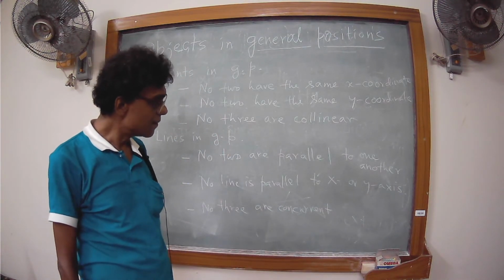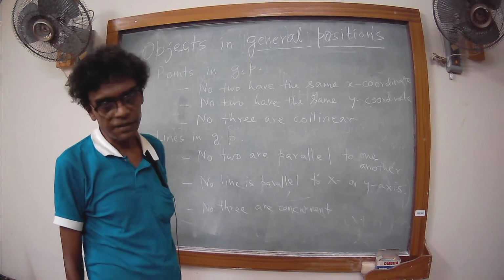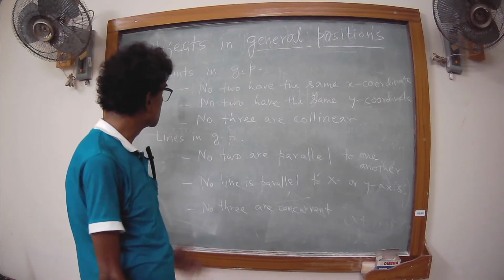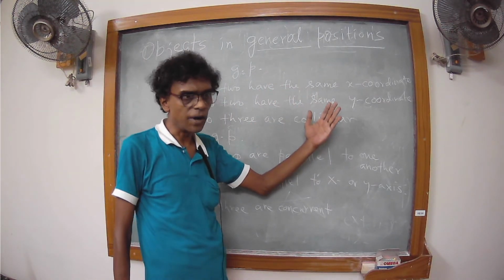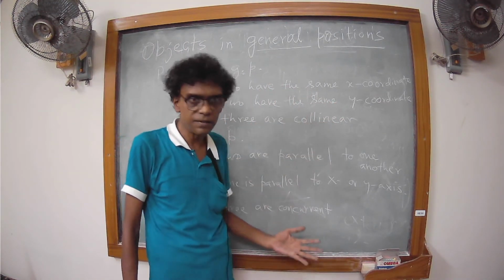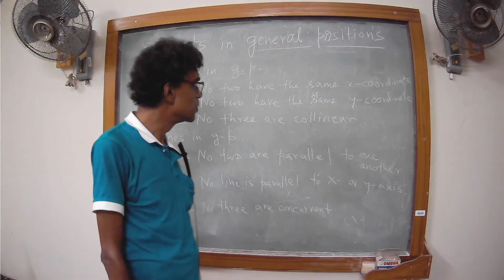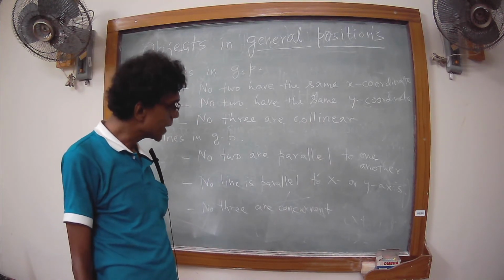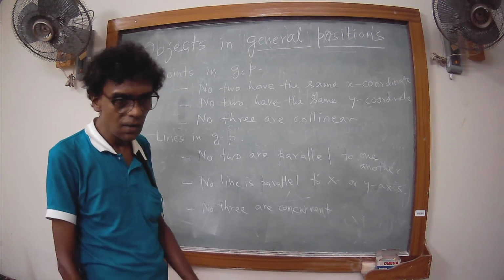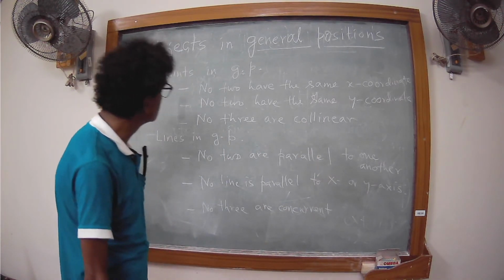So in real life, objects are not necessarily in general position, but if we consider randomly generated points or lines or objects, they may be assumed to be in the general position. Okay, and then you design your algorithm for these objects in general position.